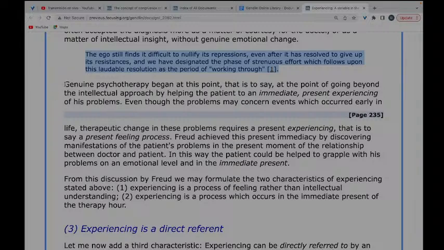And then Gendlin says, genuine psychotherapy began at this point, that is to say, at the point of going beyond the intellectual approach by helping the patient to an immediate, present experiencing of his problems.